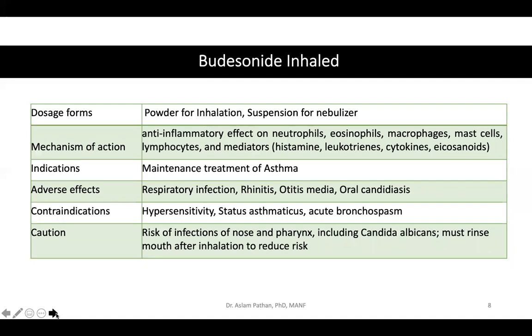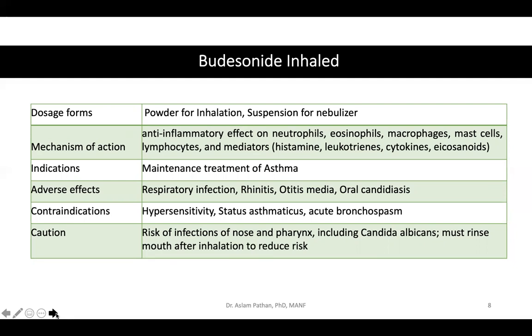The next example of inhalational corticosteroids is budesonide inhalation. The dosage forms are available as powder for inhalation and suspension for nebulizer.